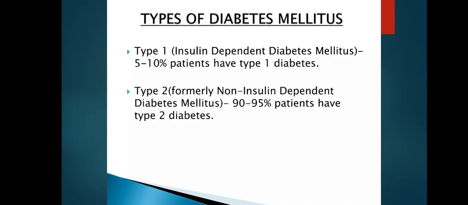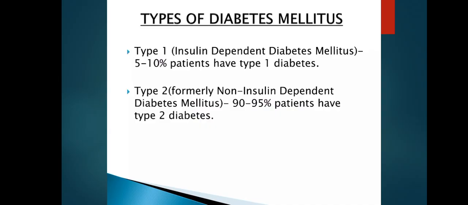Why is it called insulin dependent diabetes mellitus? Because in this condition the pancreas is unable to produce insulin. The pancreatic cells, mainly beta cells, do not produce enough insulin. Its incidence rate is 5 to 10% of patients.